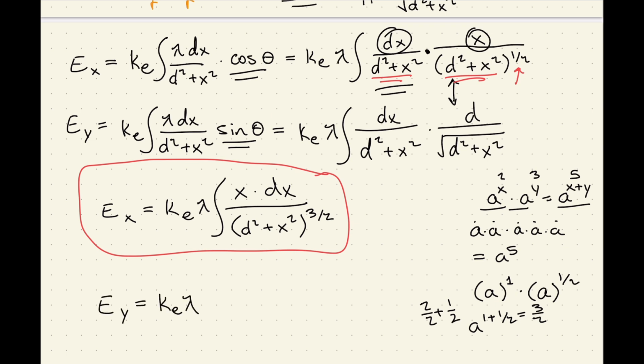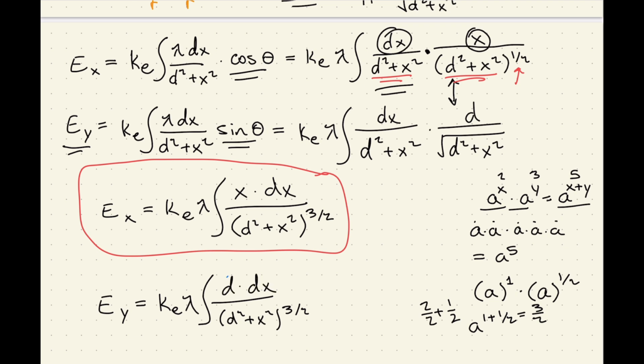So we're going to copy down ke times lambda because that is where our integral was last left on. In the denominator, we have the same thing. So we have d squared plus x squared, which is 3 over 2. In the numerator, we have d times dx.